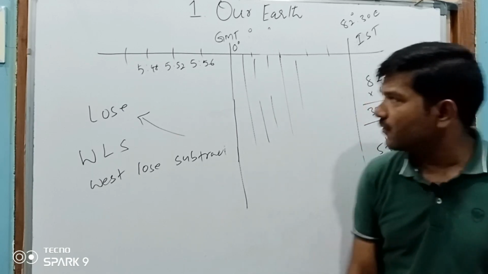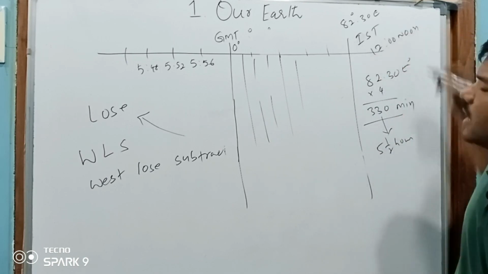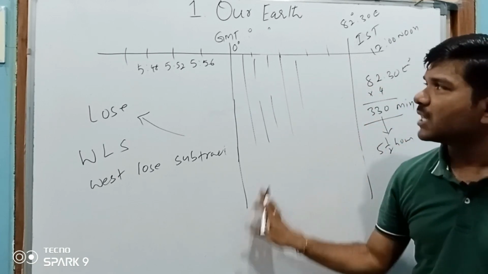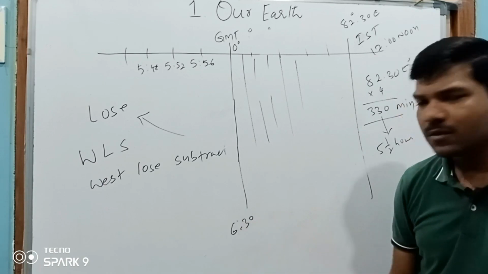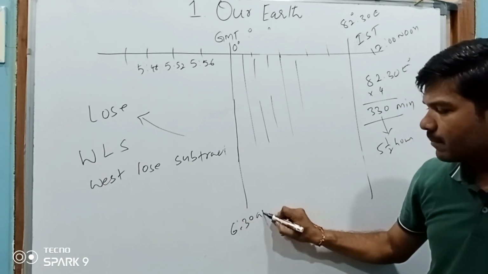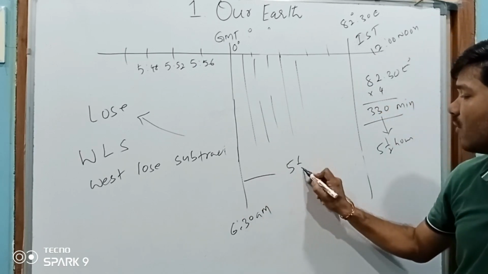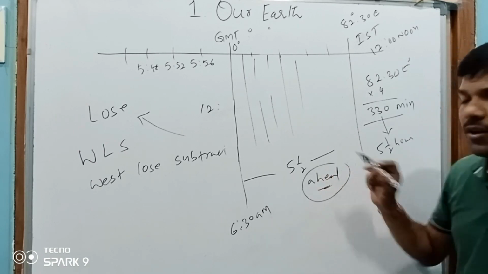For example, it is 12 noon in India. What will be the time in GMT? The time will be 6:30 a.m. How many hours? 5.5 hours. India is ahead by 5.5 hours.